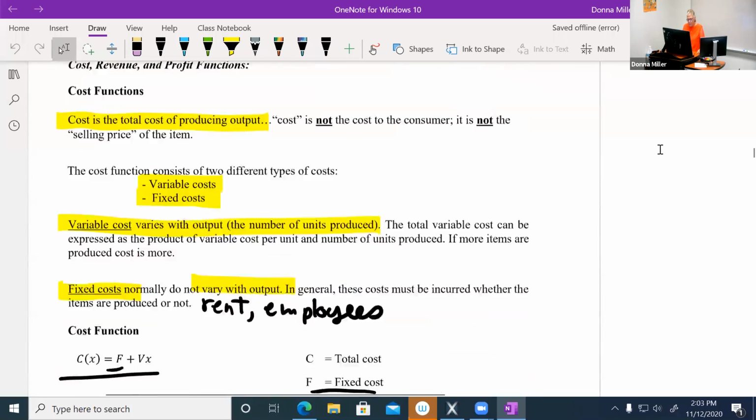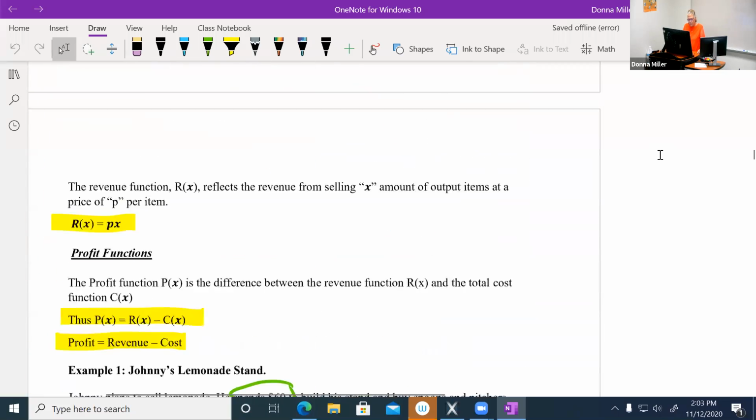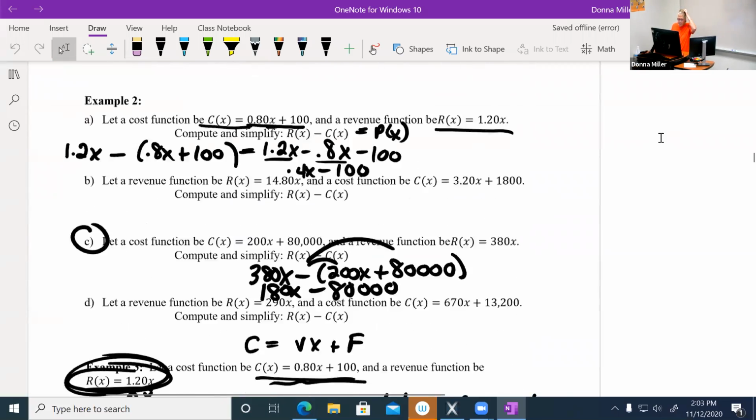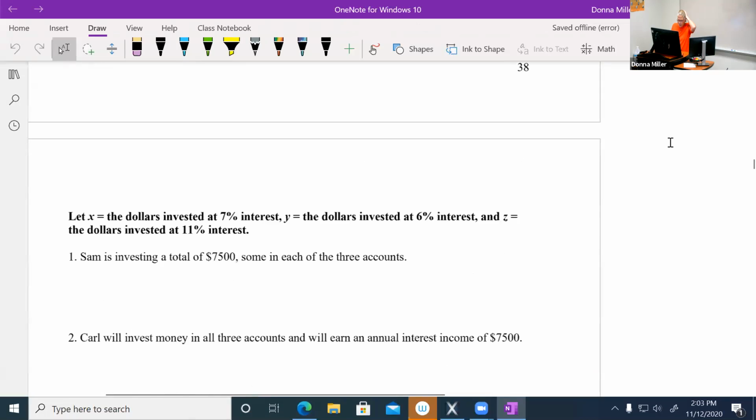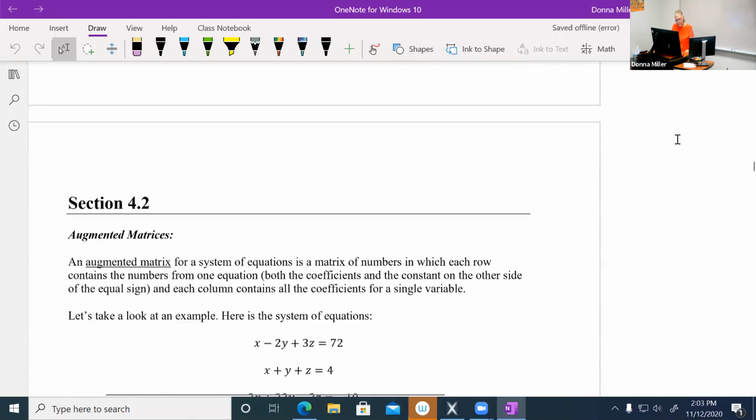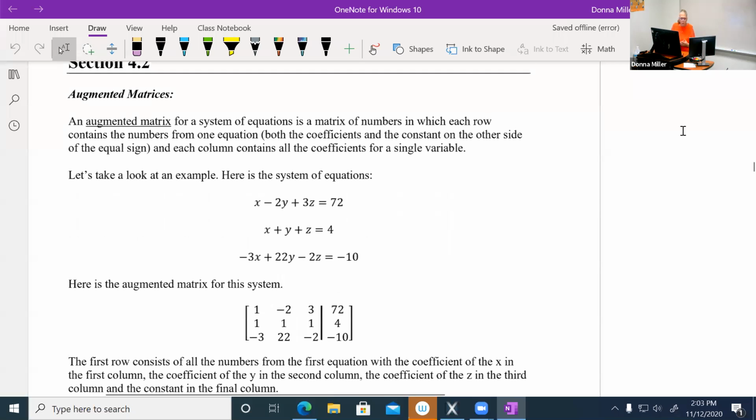Let's see, 4.1. Okay, so we did that online, and then we have 4.2. There we go. So we're going to talk about how to set up matrices for simplex tableau.